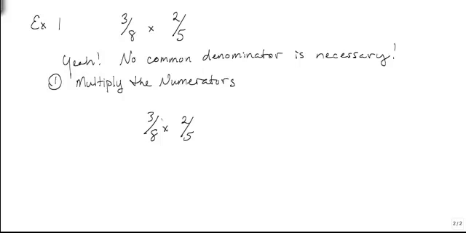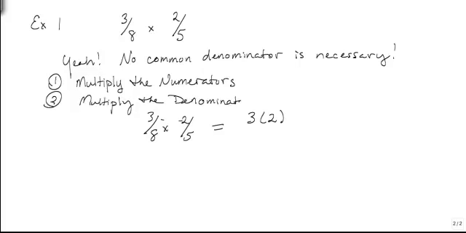So multiply the numerators, 3 times 2. Then we'll multiply the denominators. And we get 8 times 5.